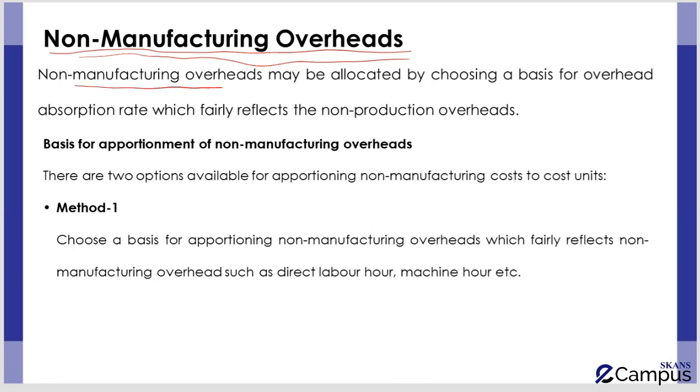Non-manufacturing overheads may be allocated by choosing a basis for the overhead absorption rate which fairly reflects the non-production overheads. There are two options available. Number one, choose a base for apportioning non-manufacturing overheads which fairly reflects them, such as direct labor hours or machine hours, if the non-manufacturing overheads are fairly reflected with such a basis.